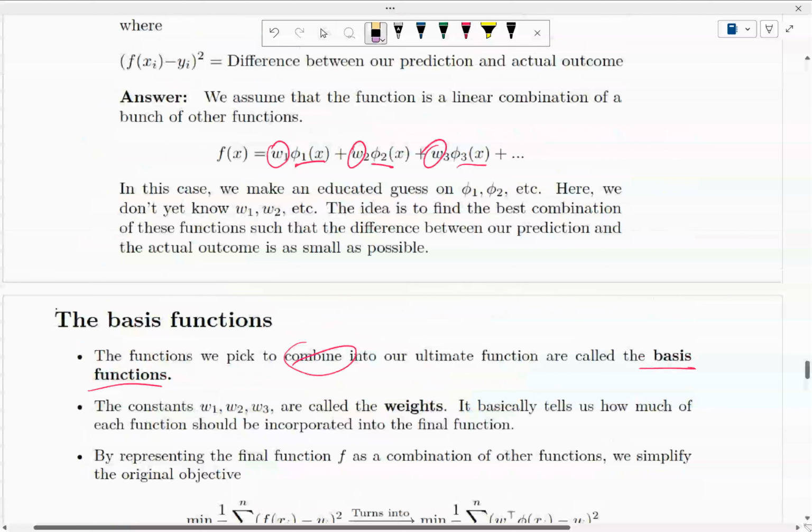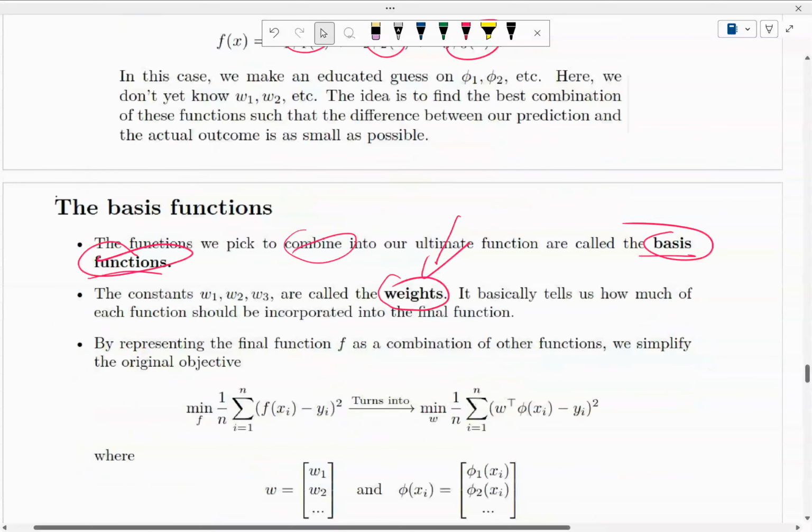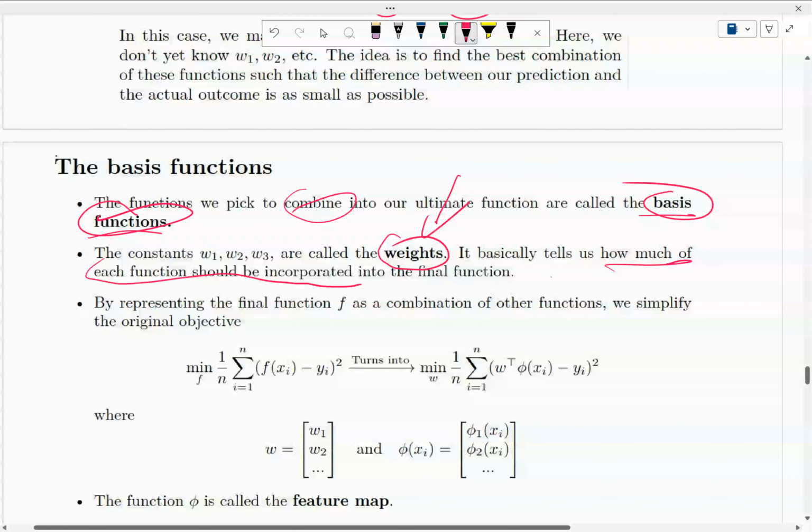they're called basis functions. And the constants that we're trying to find, W1, W2, W3, are called the weights. So we set the basis functions as the basis of our assumption. Once we have the basis, we find the weights. The weights basically tell us how much of each function we should incorporate into the final function.